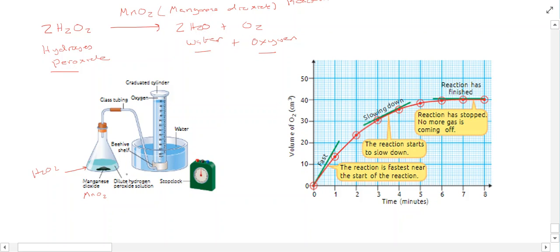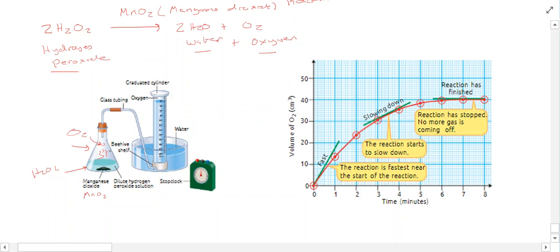And you can set up an apparatus like this. This is a jar that contains the hydrogen peroxide and the manganese dioxide, and they are put into contact with each other here, and they start to produce. You're going to get O2 gas being created in here, and you'll also get water.